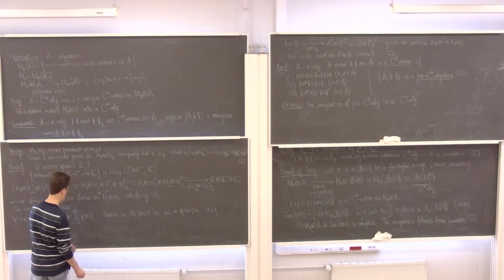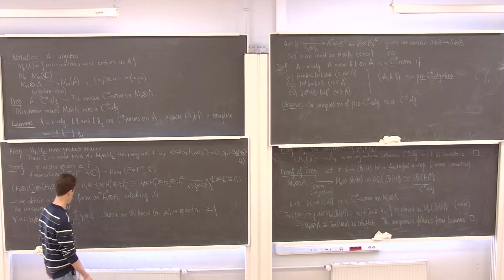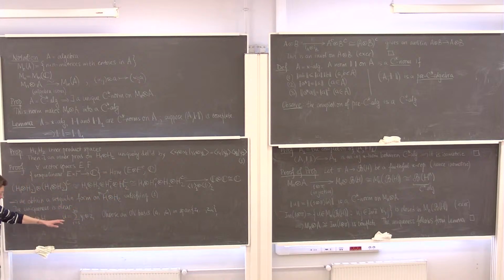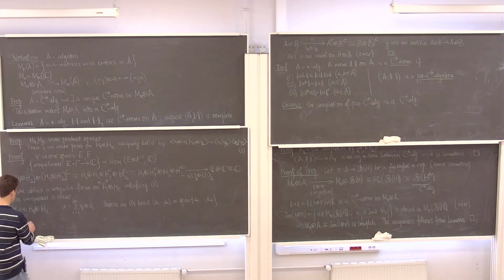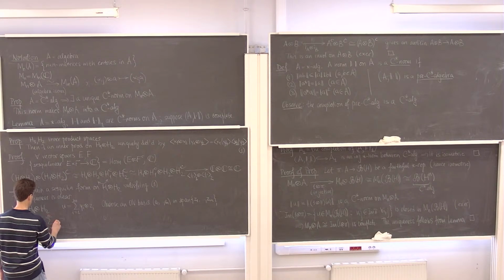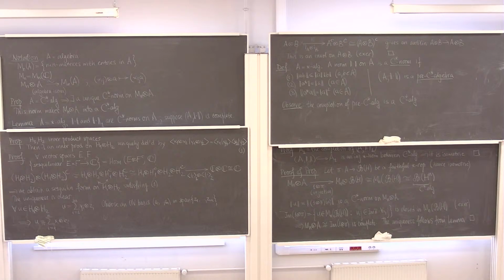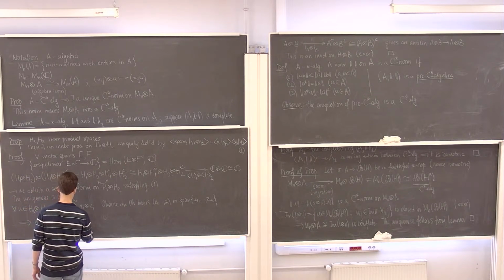If I now decompose each zi in terms of this basis and rewrite this expression, we get the following formula for u. u can be written as a sum from 1 to n of xi tensor ei, where xi are some elements in H1.